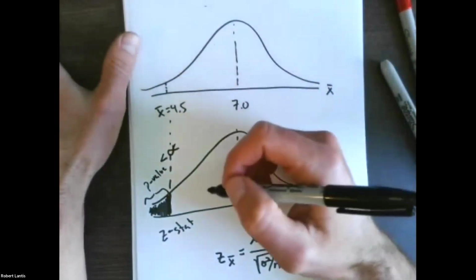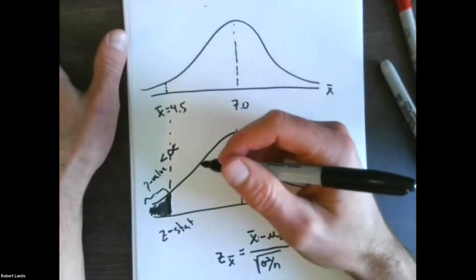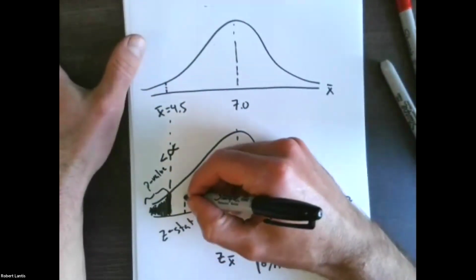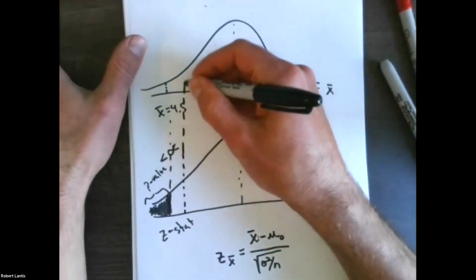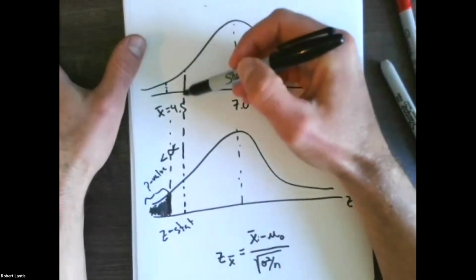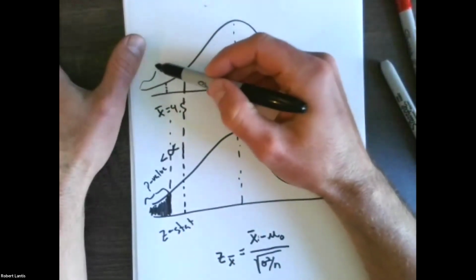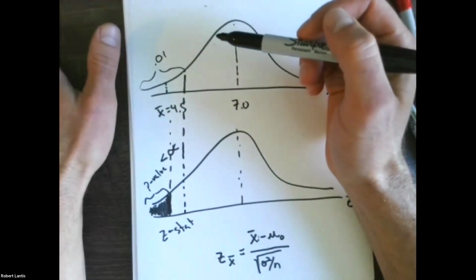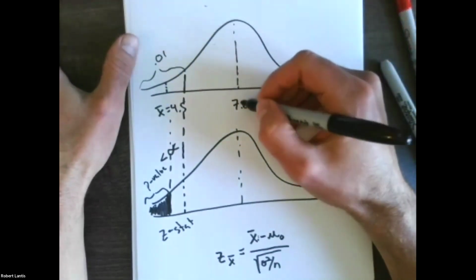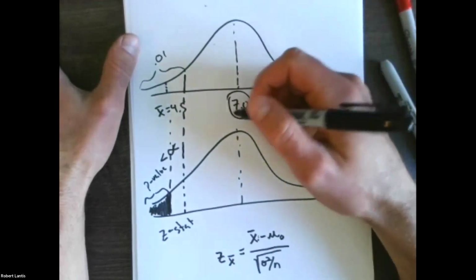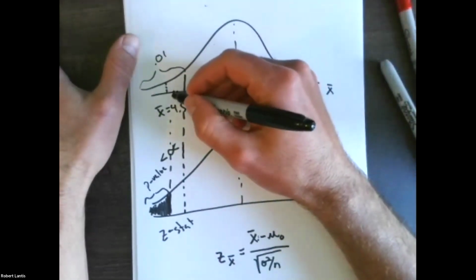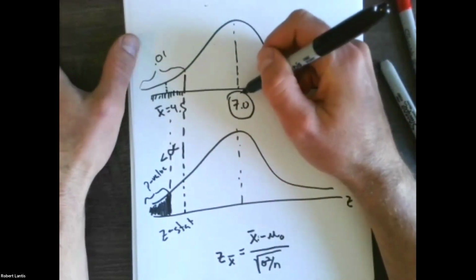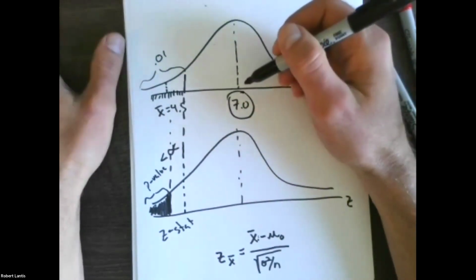So let's say I want to make only 10% type 1 errors. I only make them 10% of the time, or an alpha of 0.1, right? So I know that the area I want in this tail is 0.1. Well, if this in fact is the true mean, then for all of these sample means, I'd be rejecting this null even though I shouldn't have been.